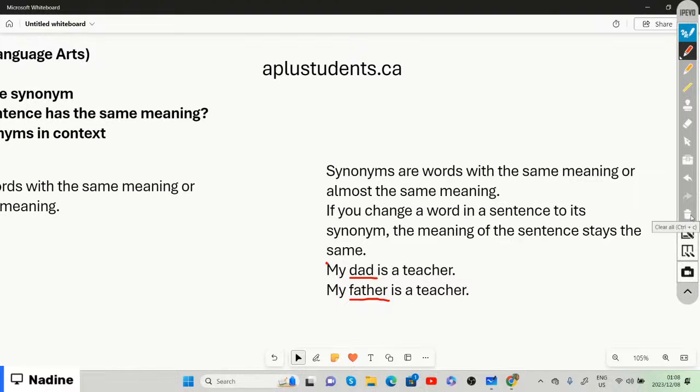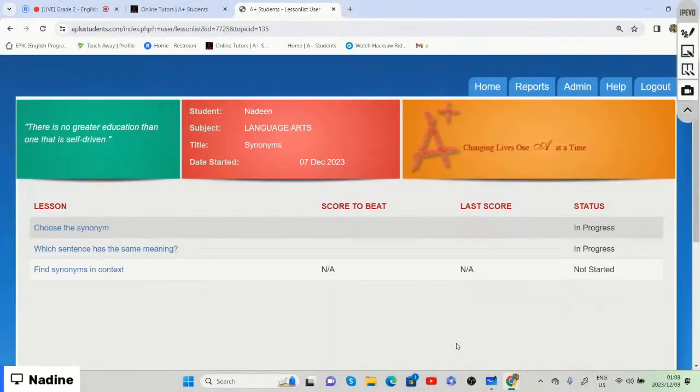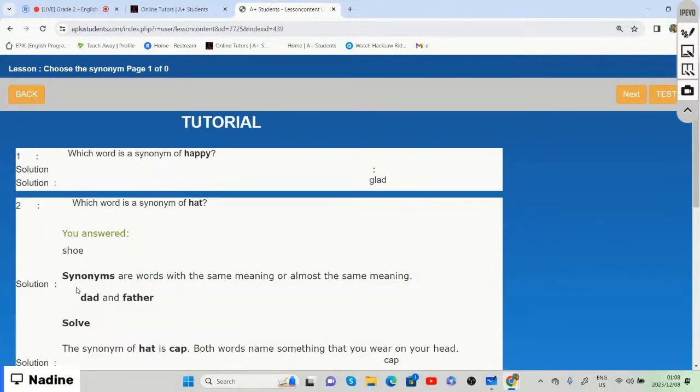Now let's go to aplusstudents.ca. We're going on to the first lesson, which is to choose the synonyms.